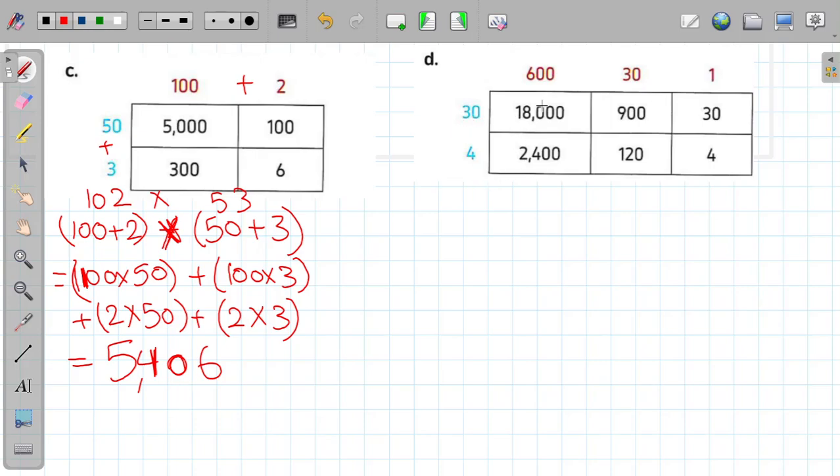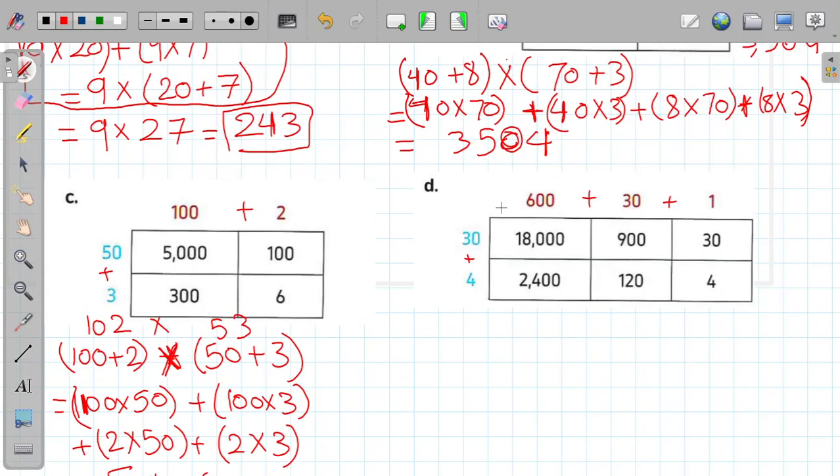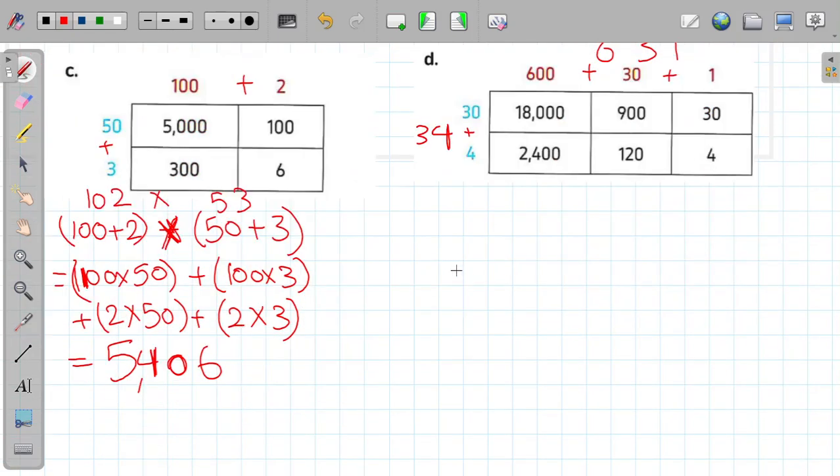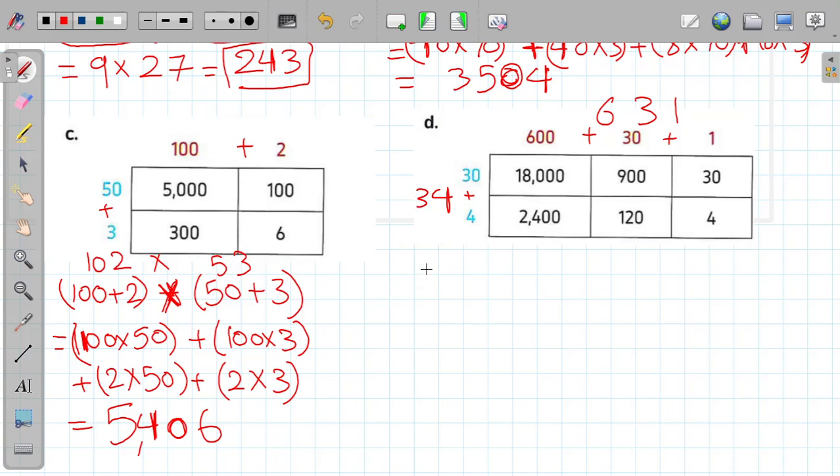It's another one. I have 634 and 1. 600 plus 30 plus 1 and 30 plus 4. So the first number was 631 and the second number was 34. Okay, so let's write the distribution equation. The first one was 600 plus 30 plus 1, and the second number was 30 plus 4.